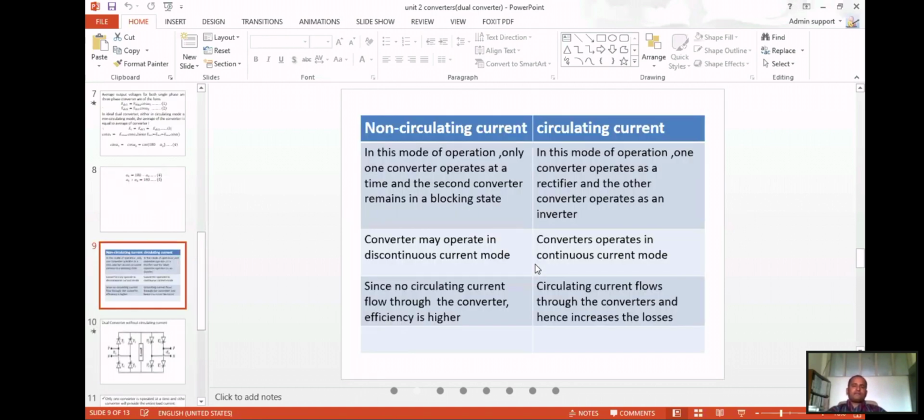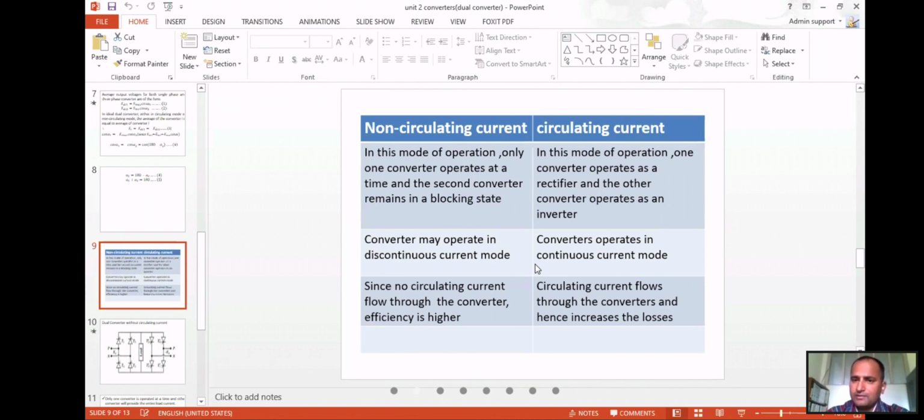Now, what is the difference between the circulating current mode and the non-circulating current mode? In non-circulating current mode, only one converter will operate at a time, and the second converter will remain in the blocking state.